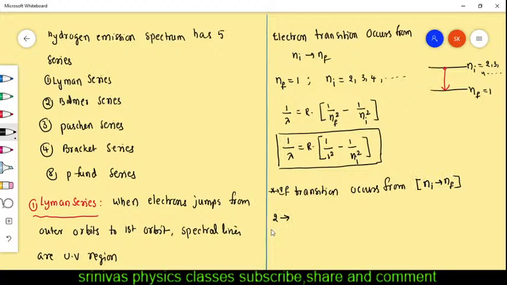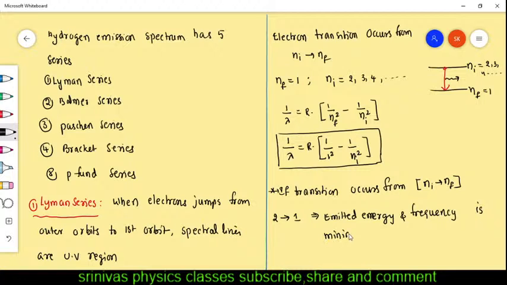Then what happens to the emitted energy, emitted frequency and emitted wavelength? During transition, radiation and energy will be emitted. That emitted energy and frequency is minimum in this case.